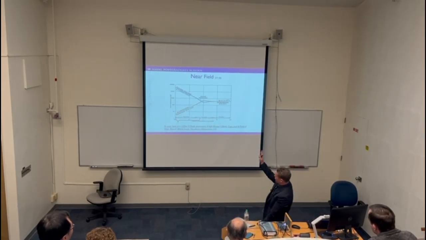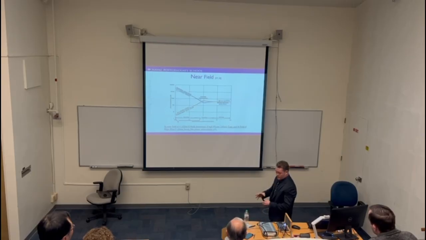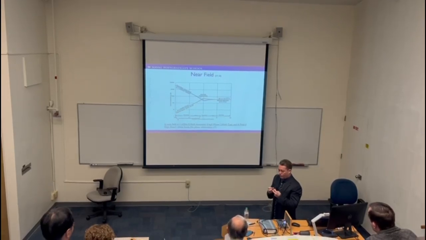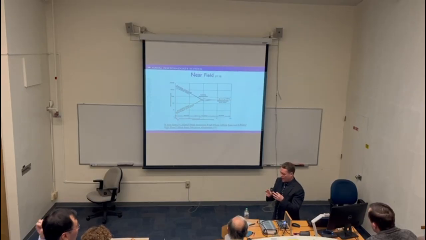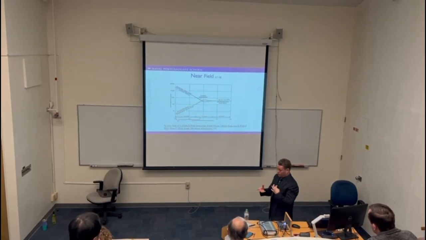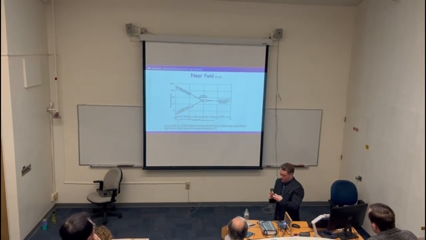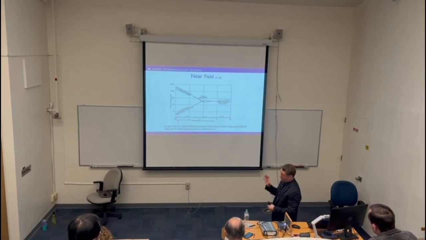But as you're in the near field, it's the actual geometry of the device that explains how much E field, how much capacitance, how much H field and current. That's very unique to the geometrical structure of the device in the near field.